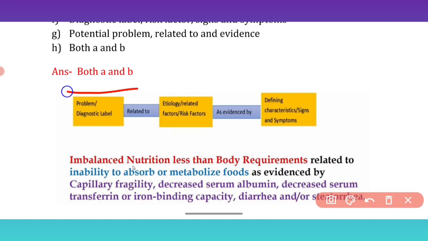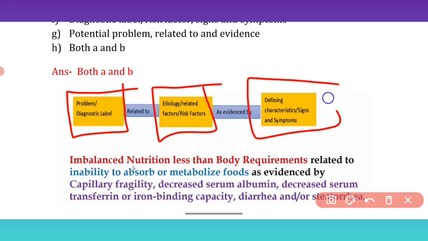The first one is the problem, the second one is the etiology, also called risk factors or related factors, and the last one is the characteristics or signs and symptoms. The problem or diagnostic label is connected with the etiology or related factors by related to. Here also we have seen related to: imbalanced nutrition less than body requirement related to inability to absorb or metabolize the food.